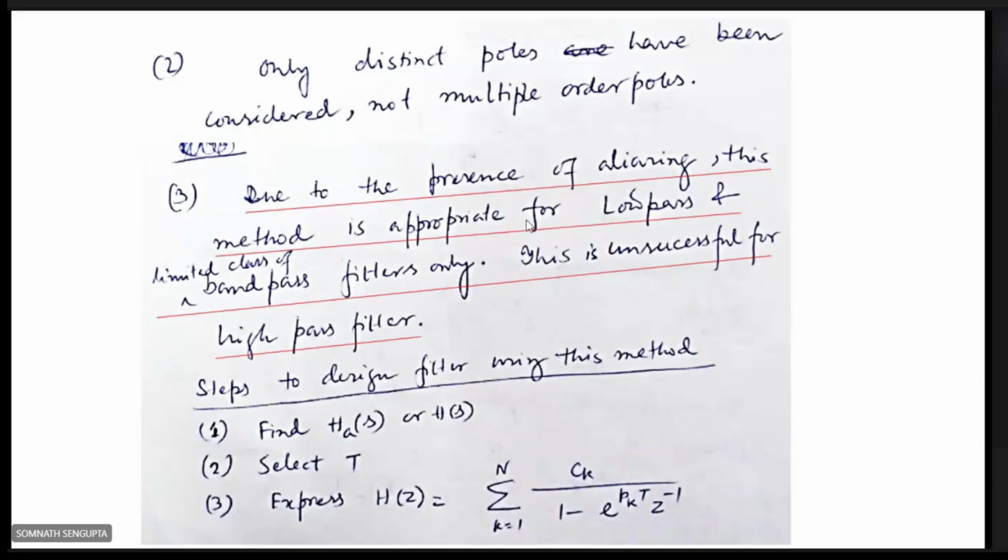In a high pass filter you have to deal with high frequencies, so you cannot design a high pass filter using the impulse invariance method. It is limited to low pass and a certain range of band pass, because a band pass starts with low frequency components and ends with high frequency components.